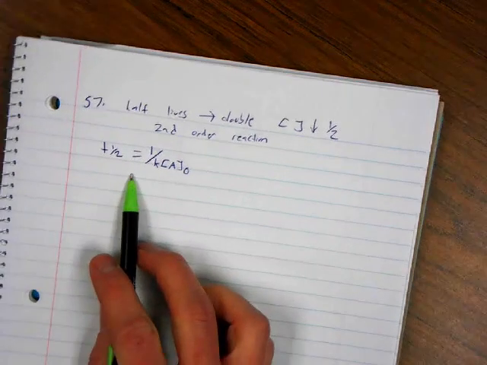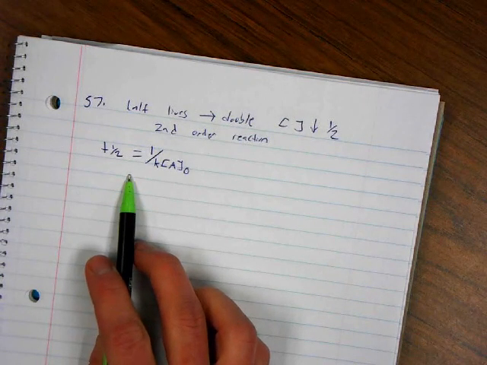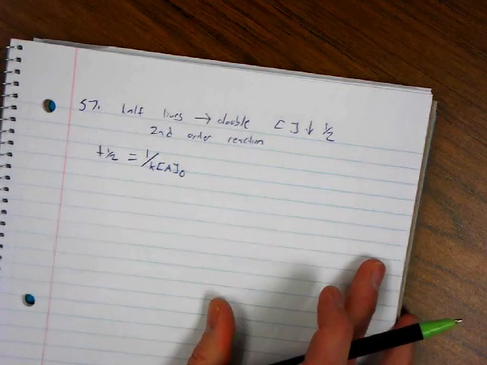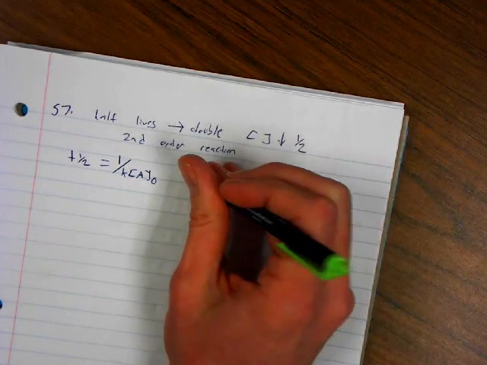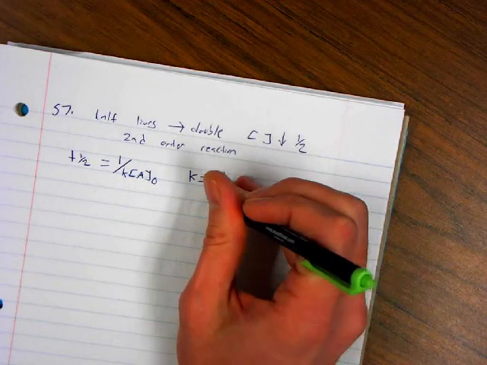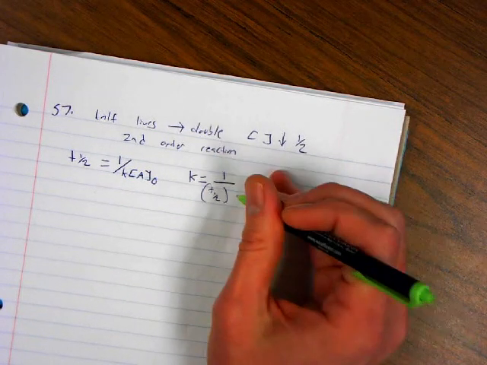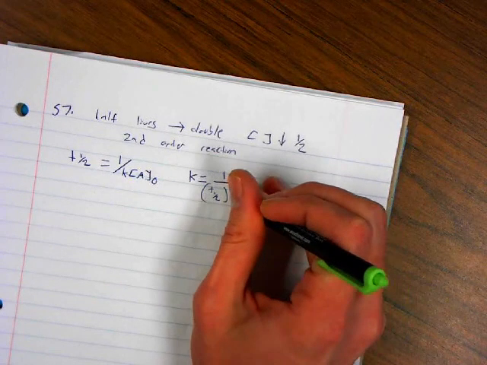If I rearrange for K, K equals 1 over T 1/2 times the concentration of A naught.